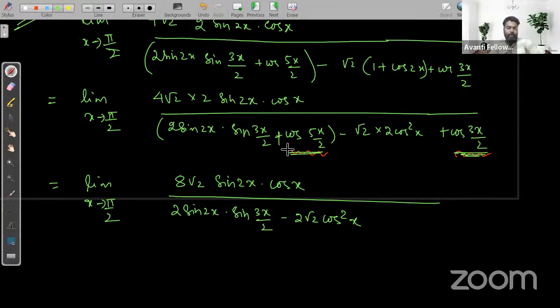The cos C plus cos D formula is 2 into cos of (C plus D) by 2, is it or not?